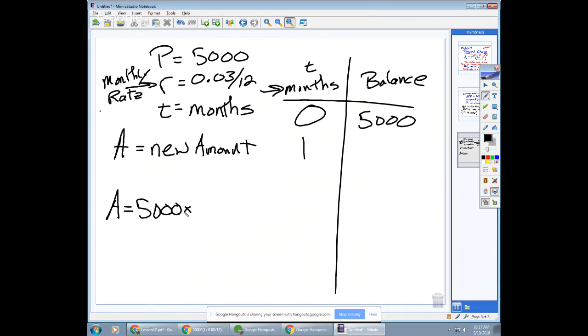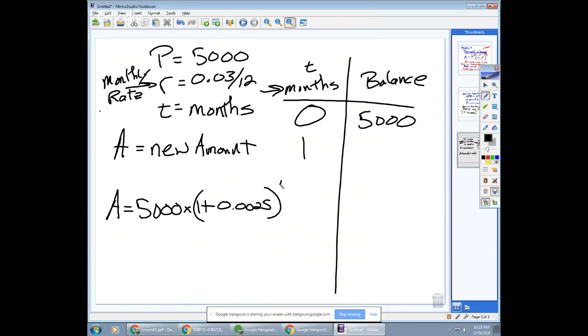Parentheses, and then 1 plus our new R. 0.03 divided by 12, so that's going to be 0.0025.